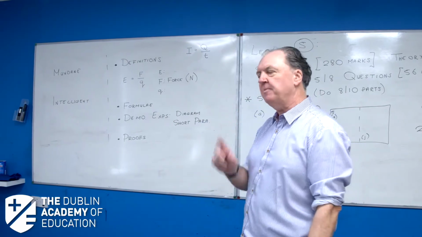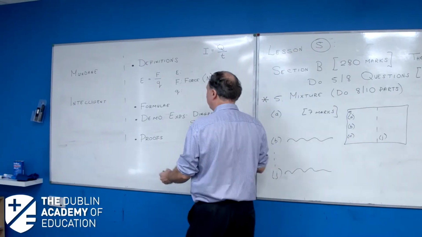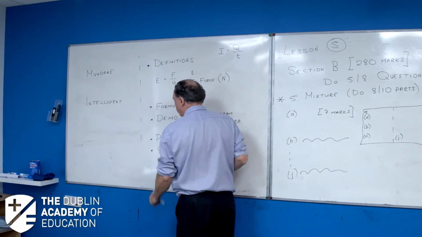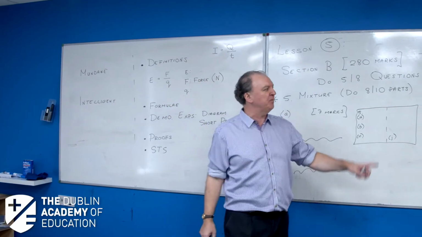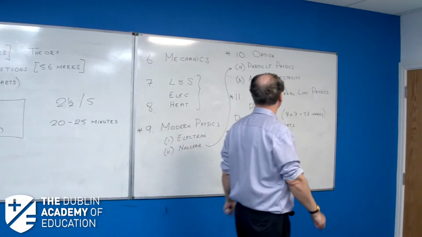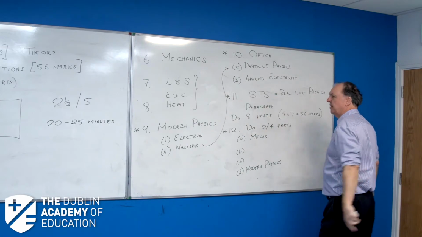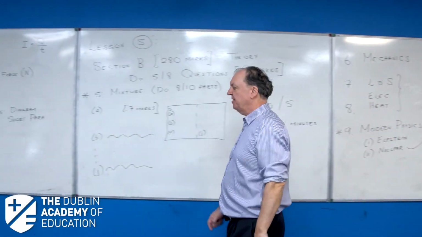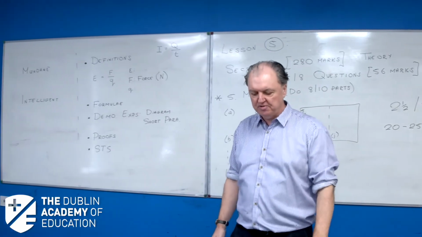The last part of the mundane is, as I mentioned earlier, STS. We talked about the STS question, which was question 11. We're talking about real life applications, and these are throughout the course.